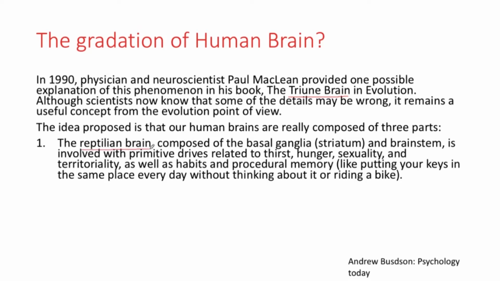The reptilian brain, composed of the basal ganglia and the brainstem part, which has the medulla oblongata, pons, and midbrain, etc. And that is involved with all the primitive drives related to thirst, hunger, sexuality, and territoriality, as well as habits and procedural memory. So that's the one part, the reptilian brain.